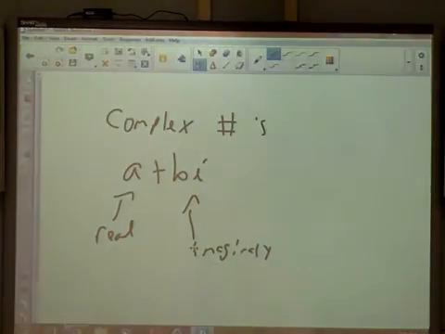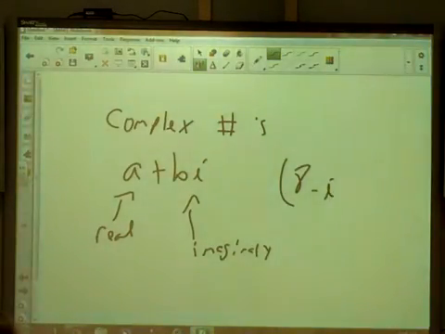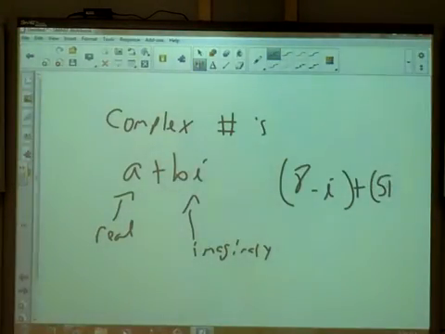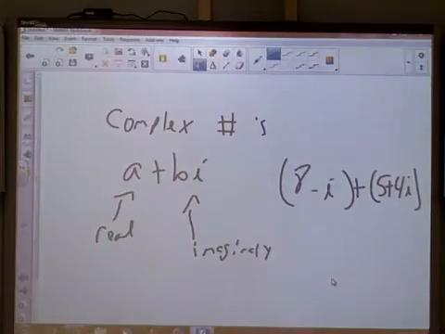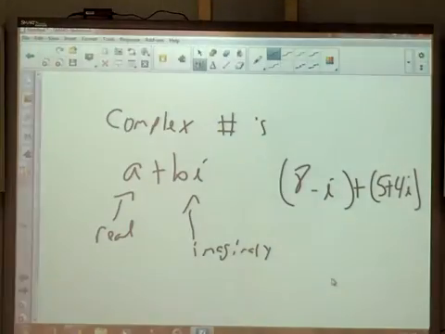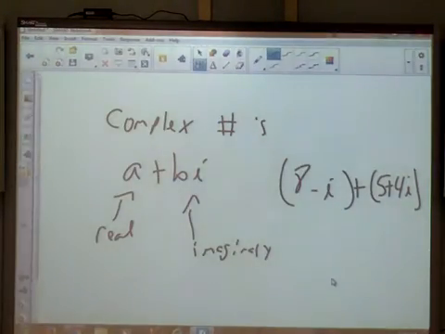So if I gave you something that said 8 minus i plus 5 plus 4i. This is an addition problem. See, it's got the plus sign in the middle. This is an addition problem of 2 complex numbers. A lot of people look at that and say, I don't know what to do. Yeah, you do. In this case, that i is going to be just like a variable. We're going to pretend like it's a variable, even though it's not really a variable, and we're just going to add like terms. Why am I going to add them? Because it's a plus sign in there.